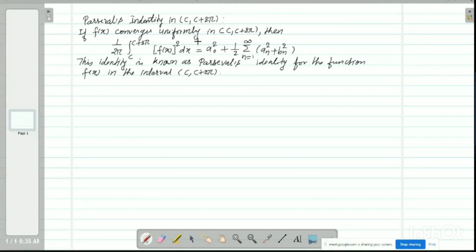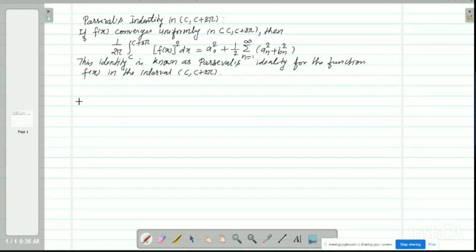And in the second case, if c is minus pi, then the formula is 1 upon 2 pi integration with limit minus pi to pi of f of x the whole square dx equals a naught square plus 1 by 2 sum running from 1 to infinity of a n square plus b n square. I hope you will remember this formula.